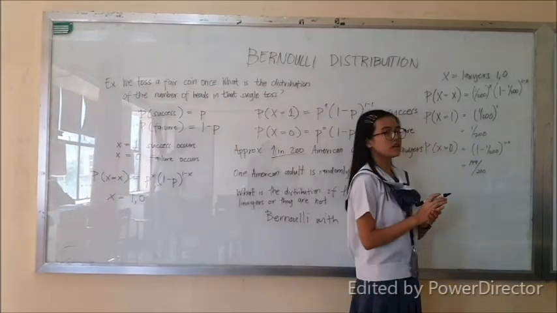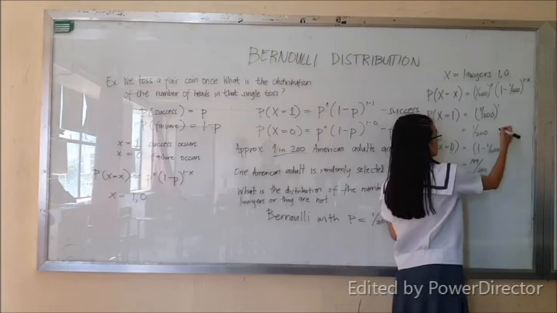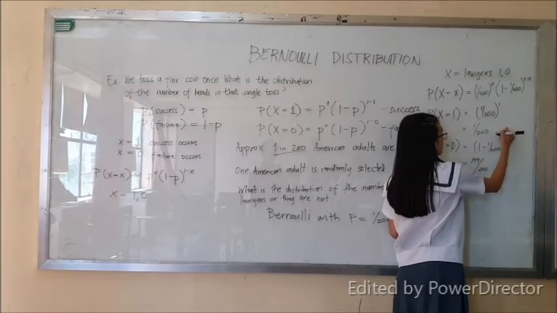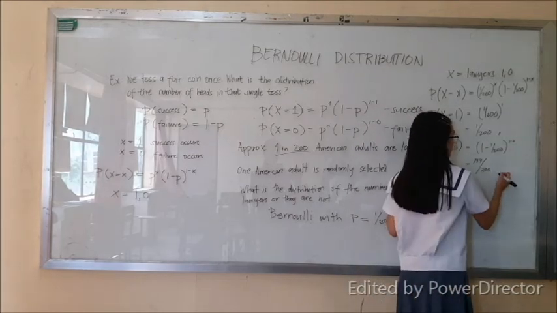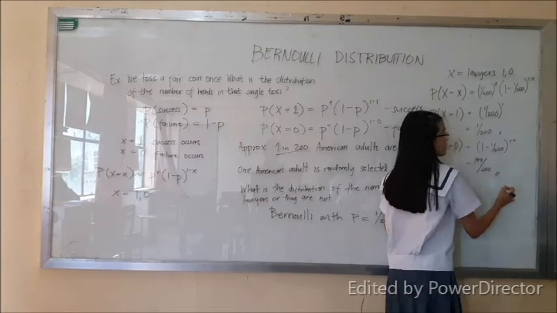So the probability that we get one lawyer is 1/200, and the probability that we do not get a lawyer is 199/200.